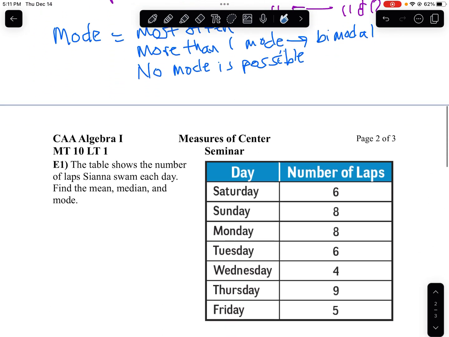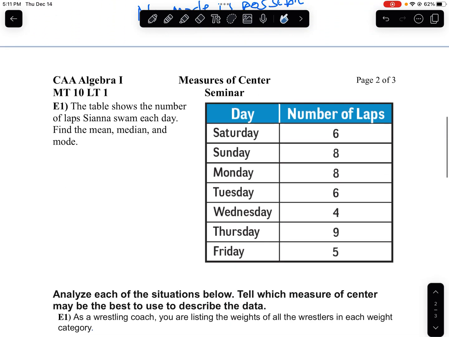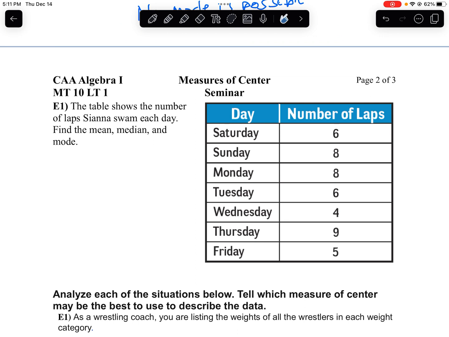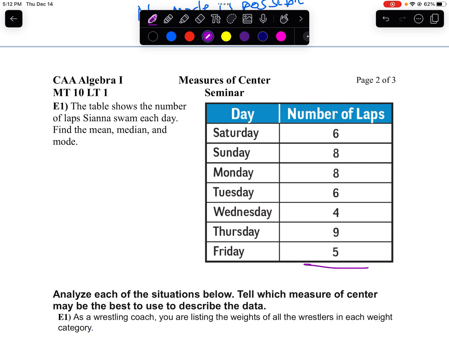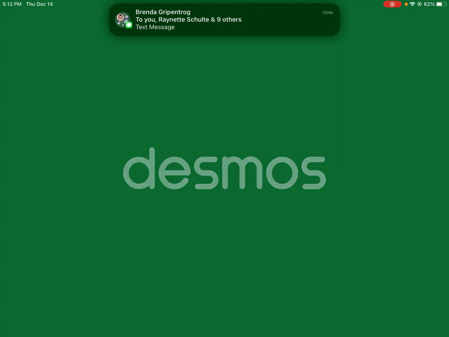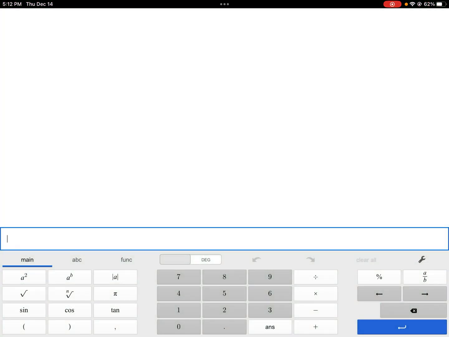Now let's take a look at example 1 here. I want to find the number of laps Sienna swims each day. So to find the mean, I'm going to add them up. I'm going to do my total here, and we'll use a calculator. Let's use our scientific calculator because we don't need anything really complex.